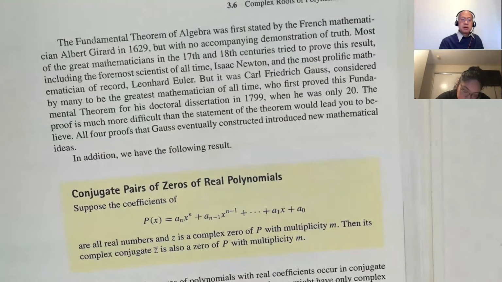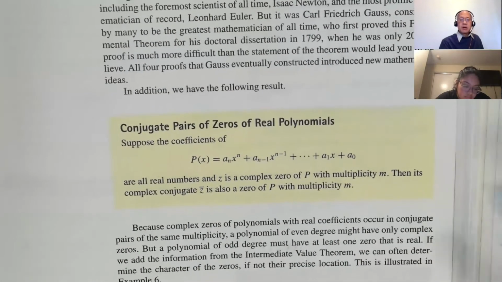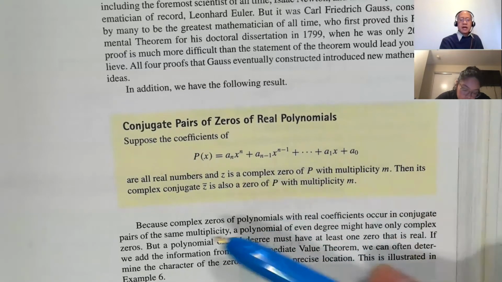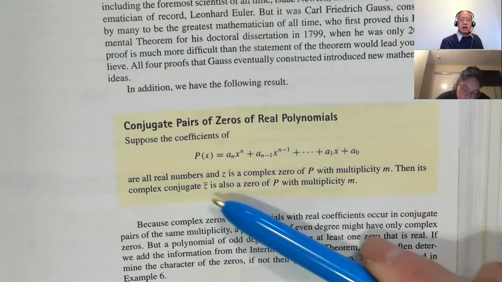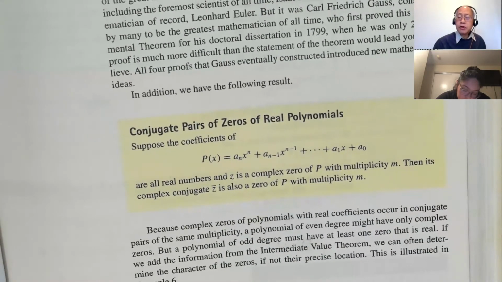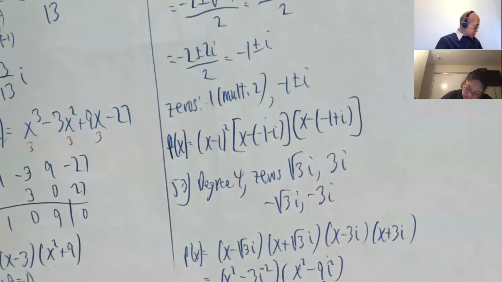Conjugate pairs of real polynomials on page 183. If you have a complex 0 z, its complex conjugate z bar is also a 0. So if you have 3 minus 4i, and you know it works, then 3 plus 4i automatically works. Again, that stands to reason from the quadratic formula, right? Since they tend to be paired.